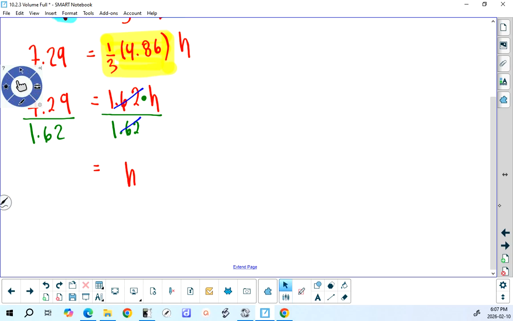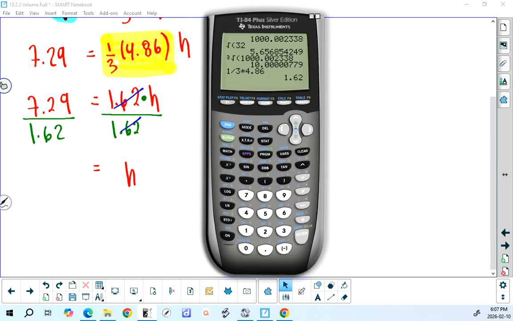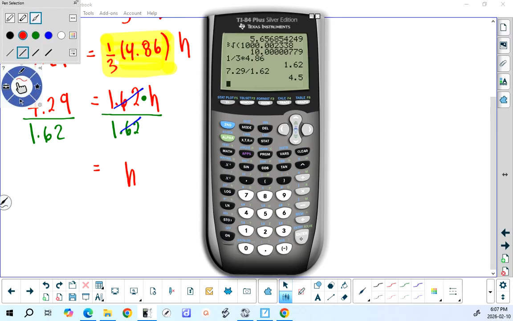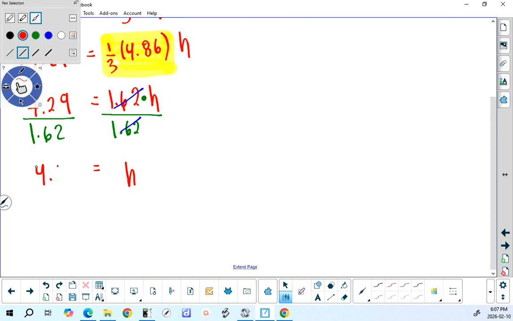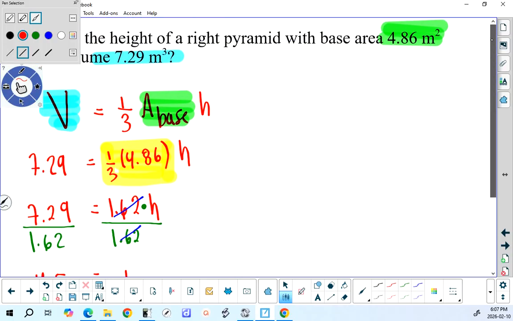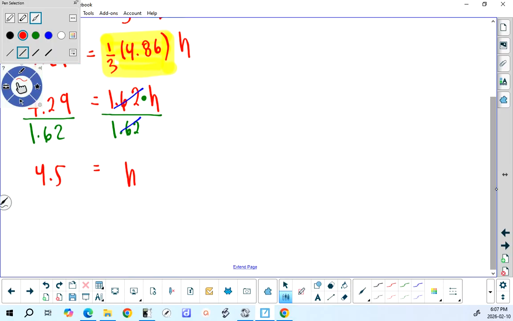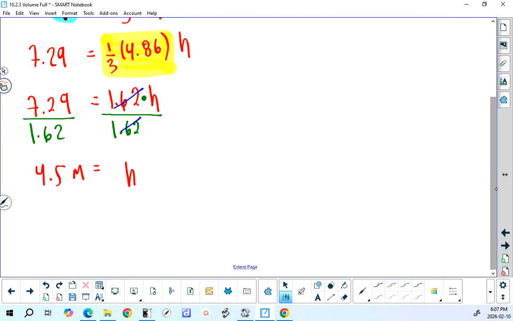Well, figure it out. 7.29 divided by 1.62, 4.5 units. Now I'm going to have to go back and look to see what they are. 4.5, our base area was in square meters, our volume was in meters cubed, which means our height is in meters.